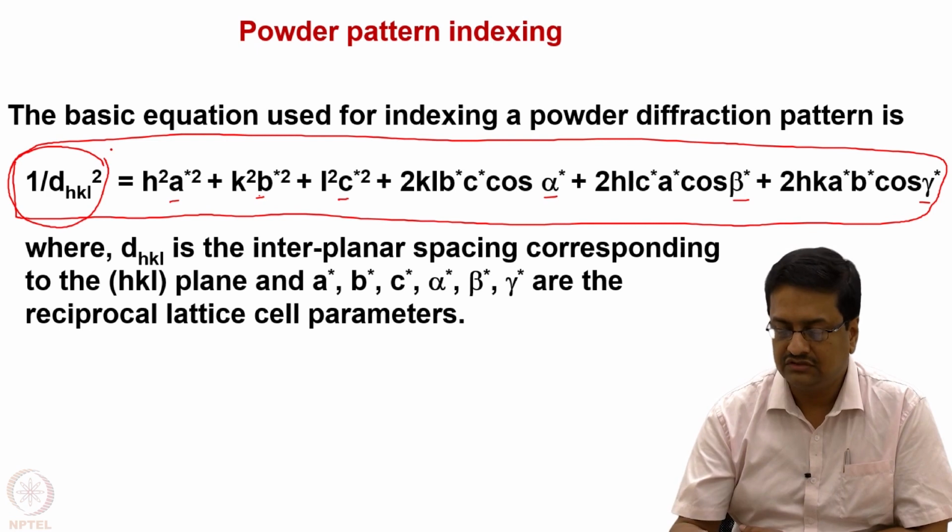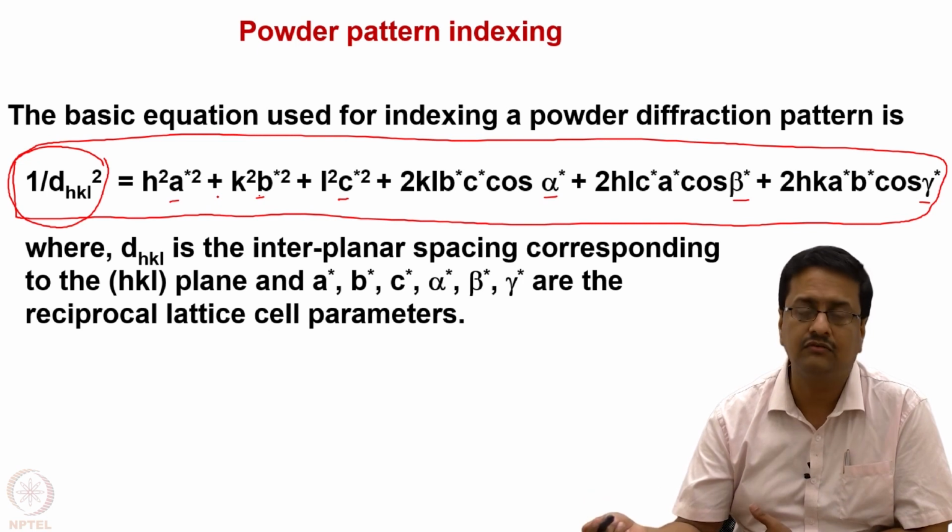So here we have unknowns like a, b, c, H, K, L, alpha, beta, gamma. So we have 9 unknown quantities.